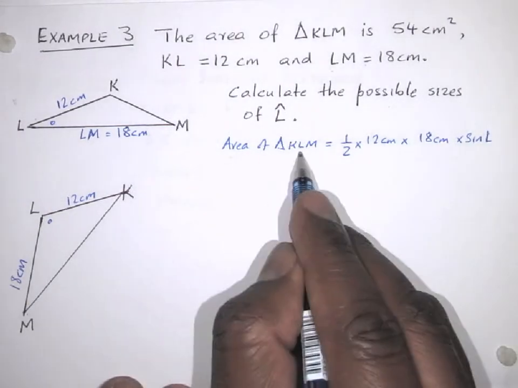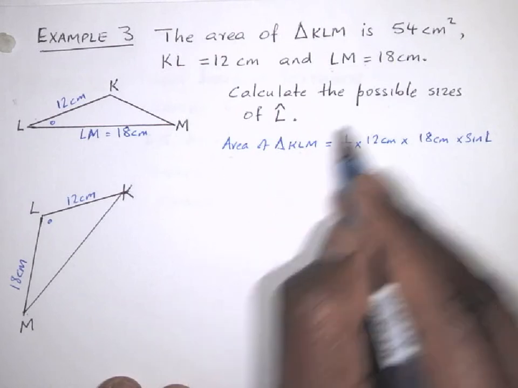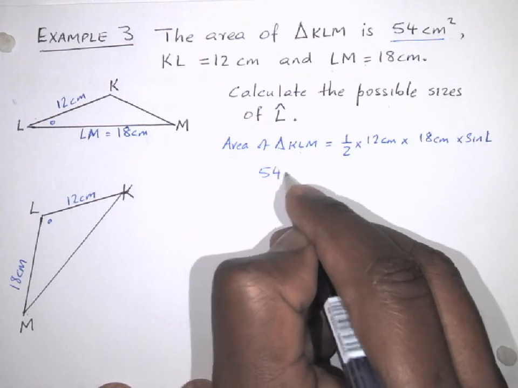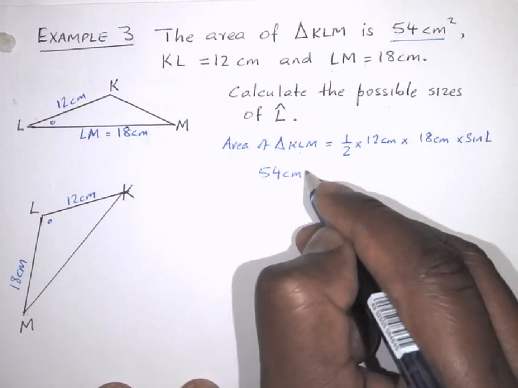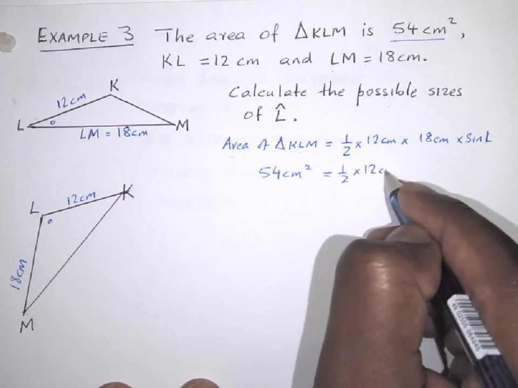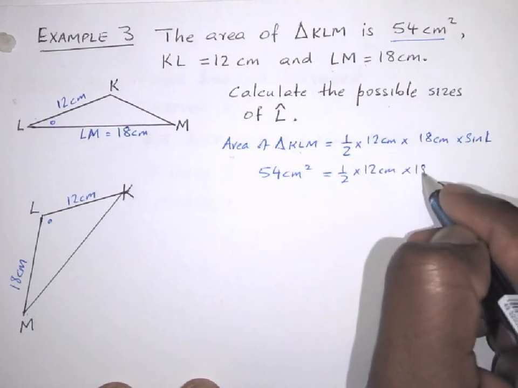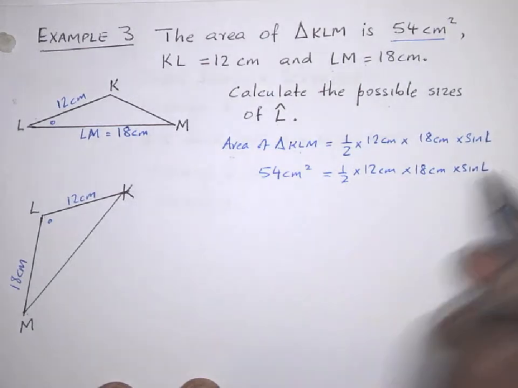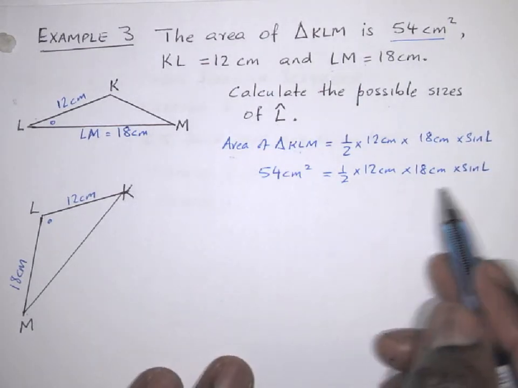But we know the area of KLM. We're given 54 centimeters squared. So I can say 54 centimeters squared is equal to a half times 12 centimeters times 18 centimeters times sine of angle L.